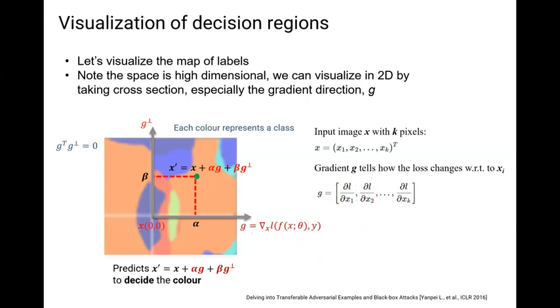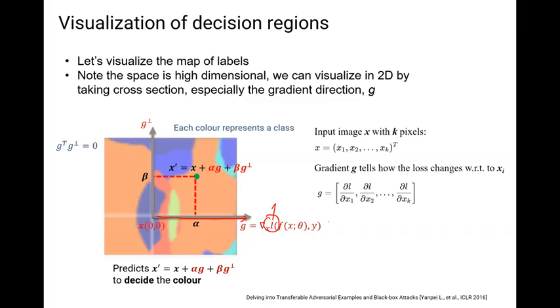And we know mathematically that if you move along this gradient, along these directions, it will cause the biggest change in the loss value. So what does that mean?